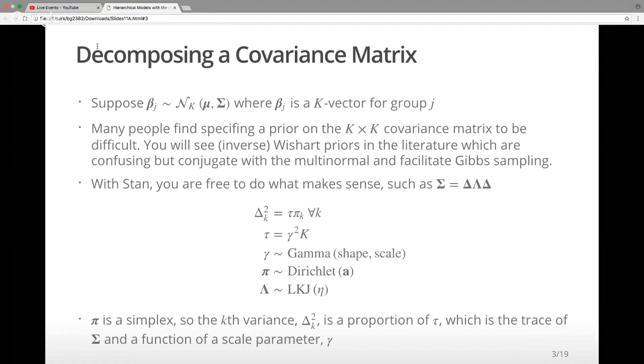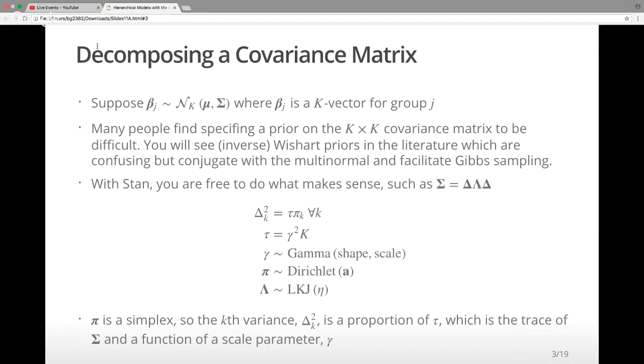A lot of people, I think, avoid taking the Bayesian perspective on this because specifying a prior on the k by k covariance matrix is a difficult thing to do, and so people naturally incline to go with lme4 or proc mixed, or mixed in Stata, which estimate these models from a frequentist perspective and do not put priors on mu and sigma, although they maintain the assumption that beta sub j, or at least part of beta sub j, is part of the error term, and so they can make multivariate normal assumptions about it.